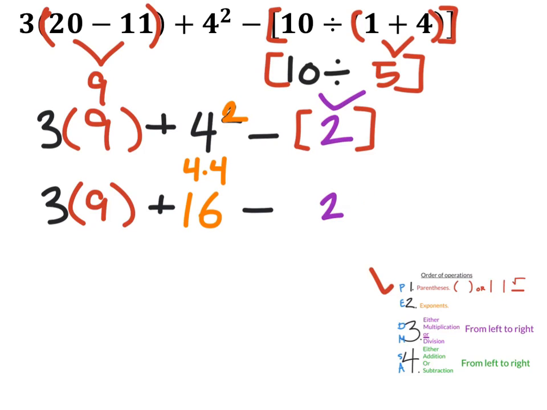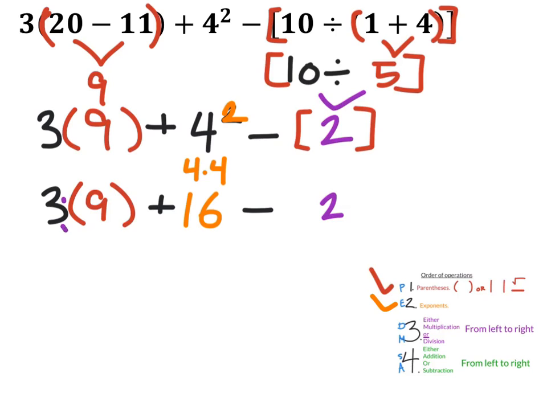Alright, so I showed the brackets in that previous step just to show that the 2 came from the brackets. But I don't really need those anymore, and they may cause more confusion if we leave them there. So as of right now, the exponents are complete. So I'm going to check those off and move to multiplication or division.